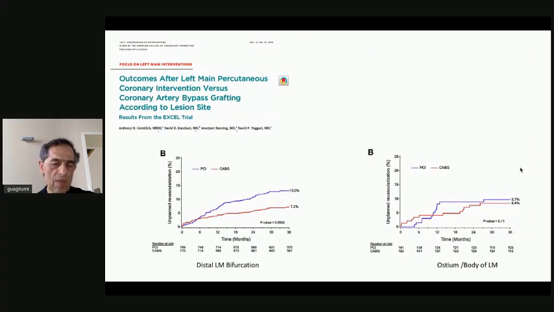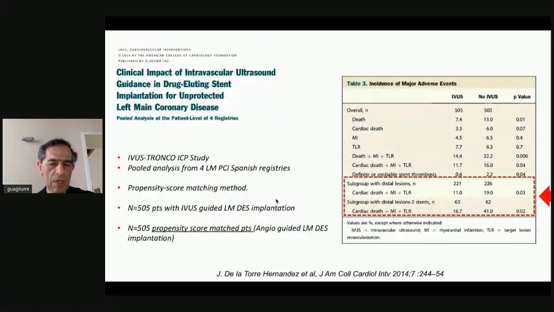So Ajit was very clear that we are dealing with an issue, and the issue is clearly at the level of the bifurcation. The data, divided by lesion site, coming from the Excel, show no difference between PCI and surgery when you exclude the bifurcation, but a huge difference when the bifurcation is involved.